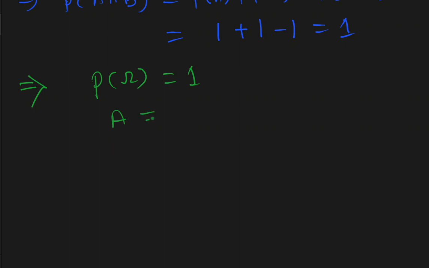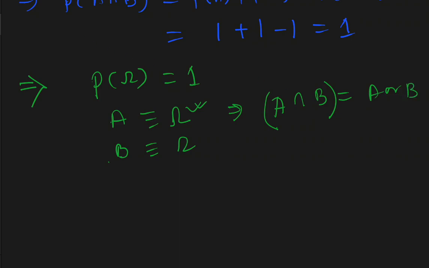That means A itself is sigma, and B also contains all the events, so B is also sigma. So A and B are not different from each other, so A intersection B should be equal to A or B.